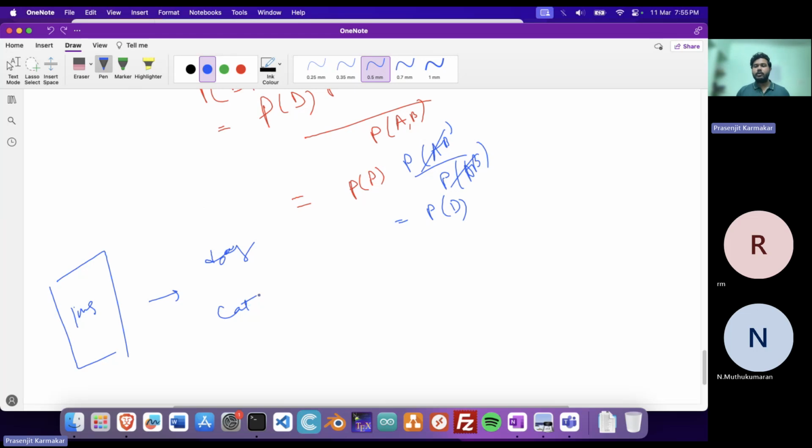It can have two animals, but assuming that we have only one animal in the picture, the animal cannot represent dog and cat together. That is what we mean by multi-class. Okay, so let's say dog, cat, and horse. The same example we took earlier. So it's a multi-class scenario when you have multiple classes to choose from, but they cannot occur together.